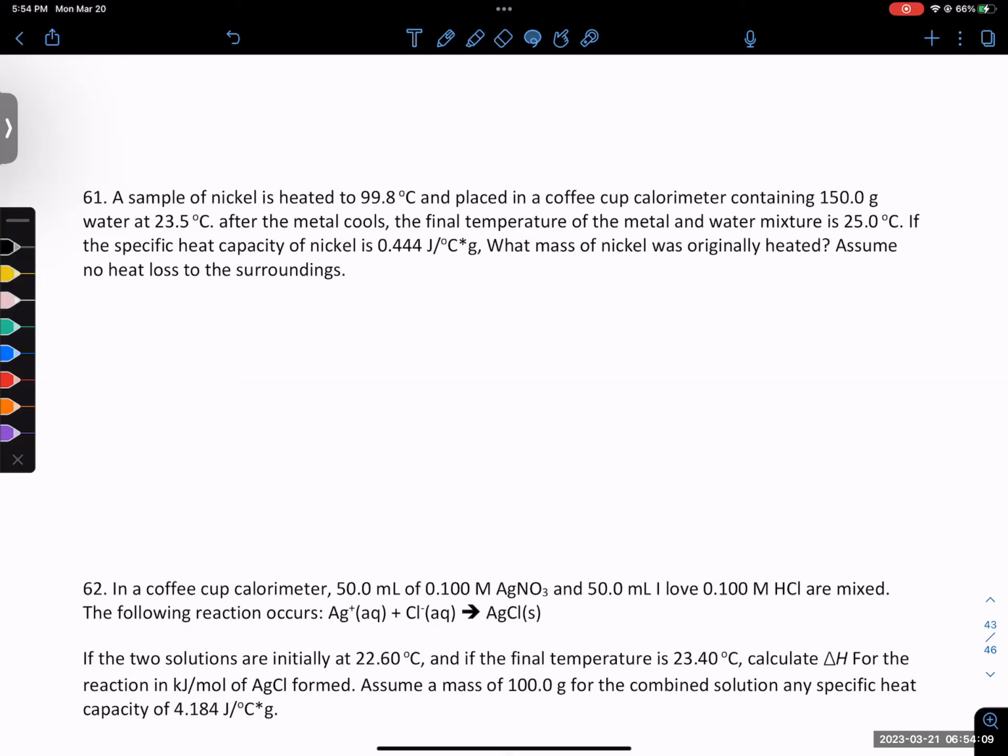Like Rich said, this is the most basic principle of calorimetry that you should be utilizing in a lot of these problems. If you know that, the rest of the problem becomes pretty simple. It's just plugging in numbers and manipulating variables.